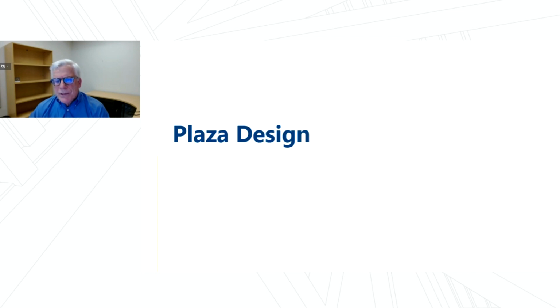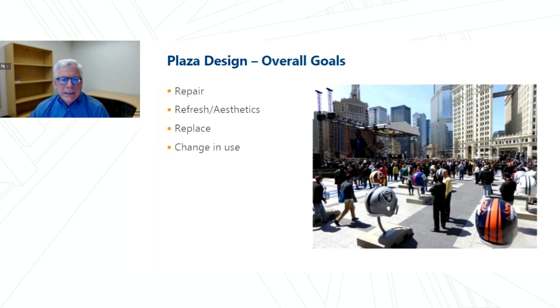But let's first discuss plaza design. What we want to cover with this is we'll break it into different categories, and each one has a different level of aggressiveness to the repair or to the renovation. One is just repair. For instance, if you have some structural issues or concrete issues or leakage that you have to repair, then there's the more aggressive refresh and aesthetics that go along with it.